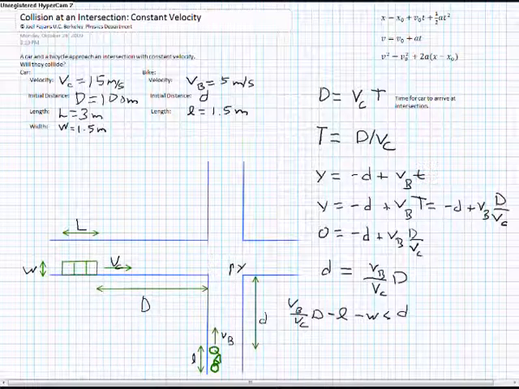You might think we'd have to work this problem again, but we don't, because we've already calculated the problem for when the front bumper hits the intersection. Now we just have to calculate for the rear bumper.